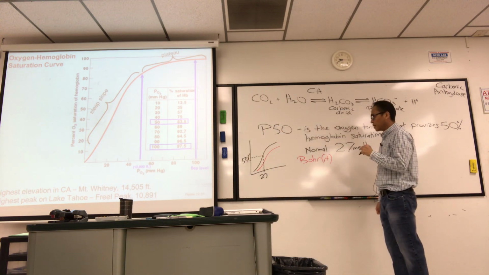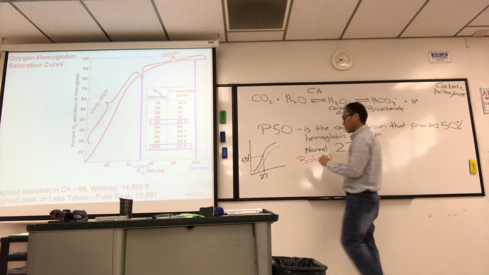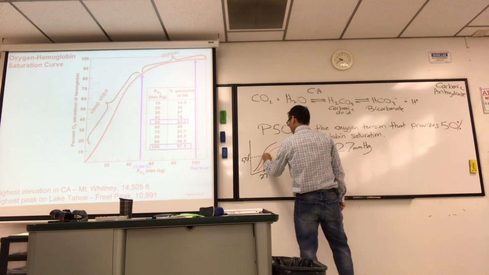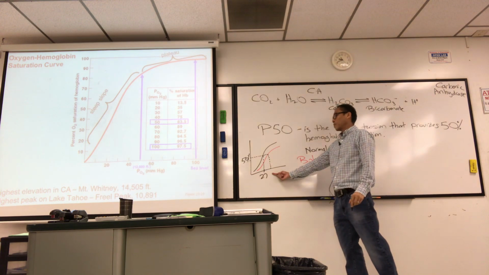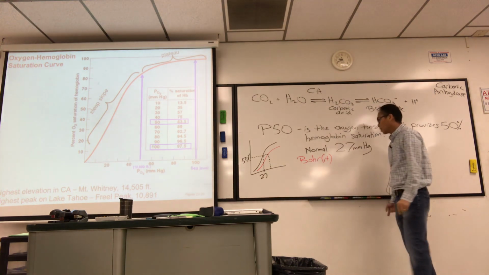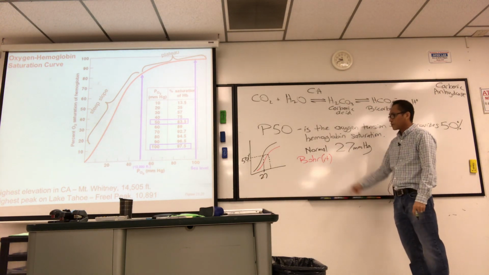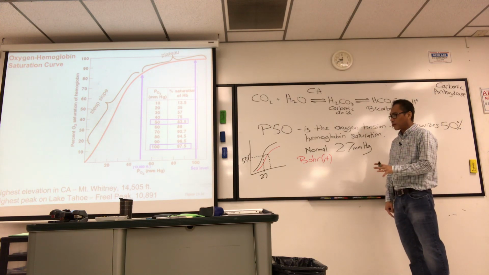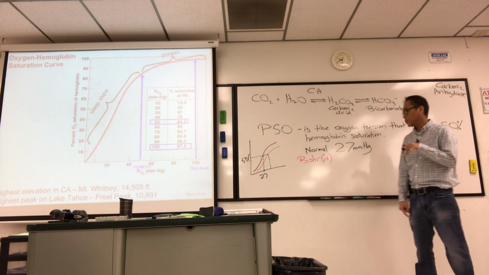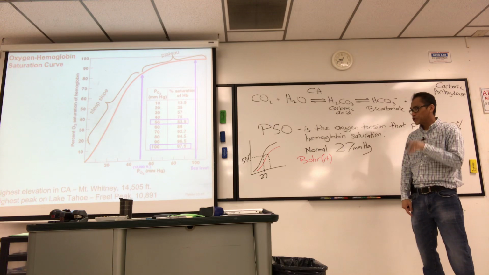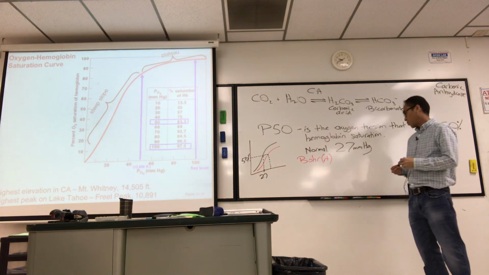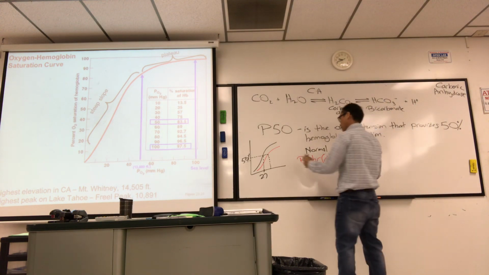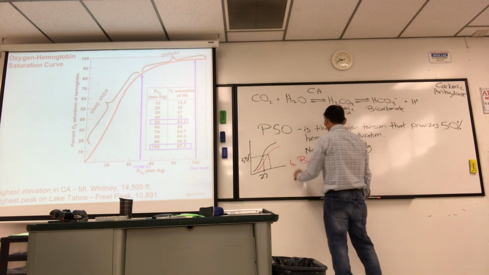But if you shift it, you gotta go some higher number to get 50% saturation. So another way to put it is, the Bohr effect, you're facilitating more loading. It takes more O2 to achieve 50% saturation, okay? That's kind of when I said the chair is not flat but slanted down, right? That's what I said for that.